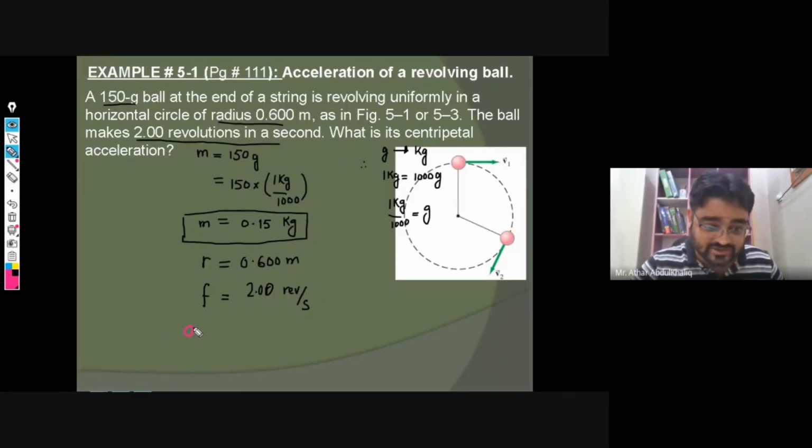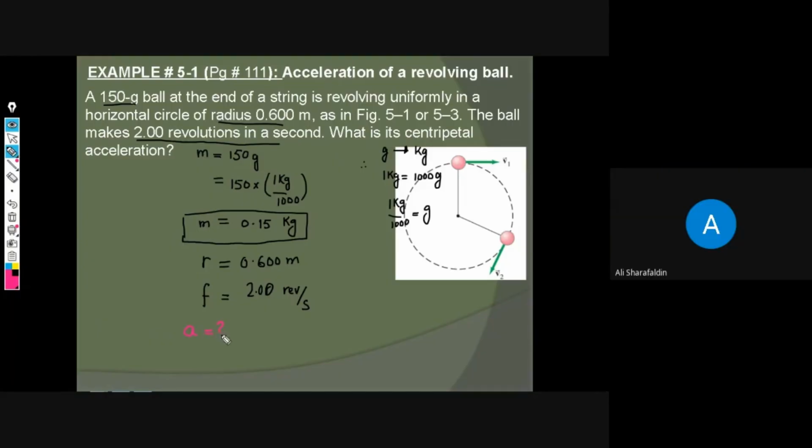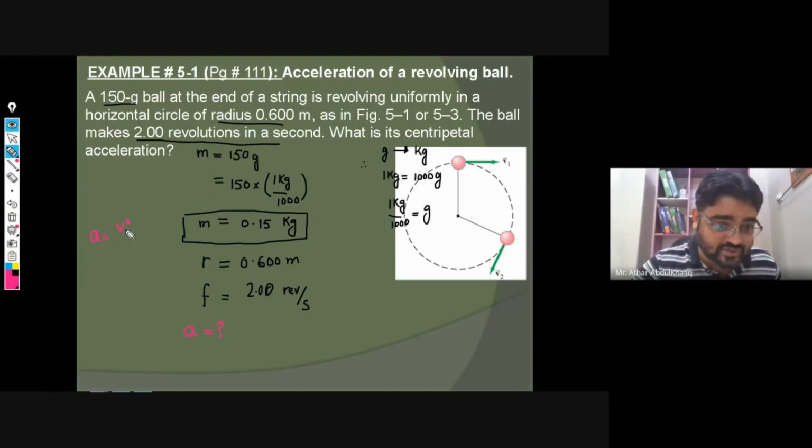So acceleration is denoted by A. A is equal to V square over R. In this data, we don't have V. V is equal to 2 pi R over T, and there was another: V is equal to 2 pi R F. I can directly use this, or I can find T from F, because F is equal to 1 over T, or T is equal to 1 over F. You remember?